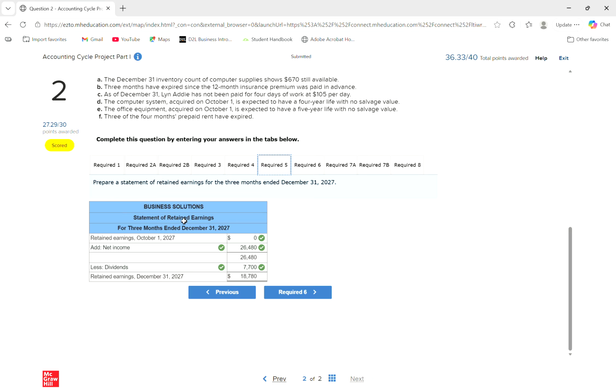For the statement of retained earnings, beginning retained earnings was 0. Add the net income of $26,480, subtract dividends of $70,700, and you end up with retained earnings that equal $18,780.